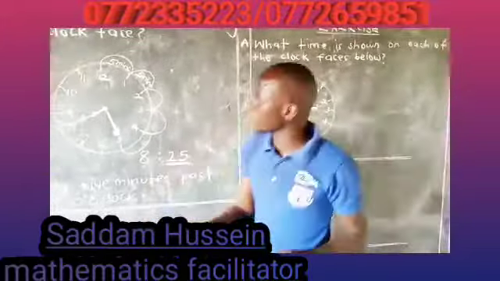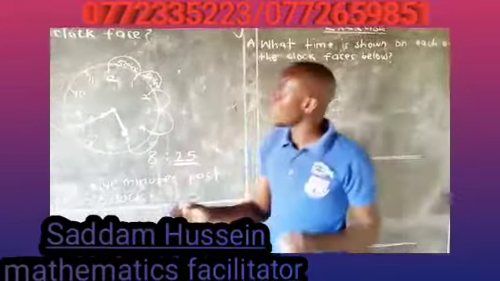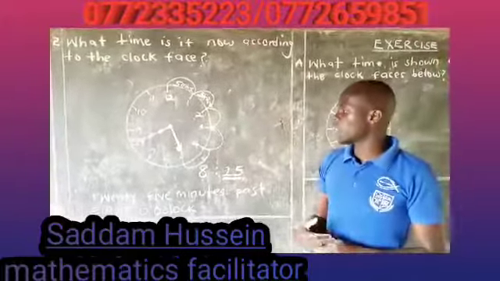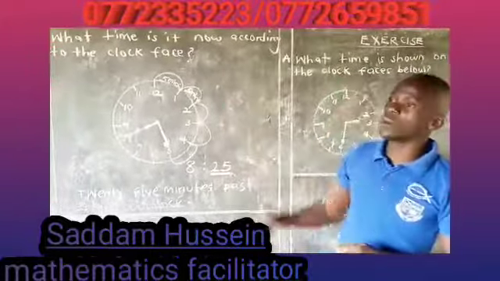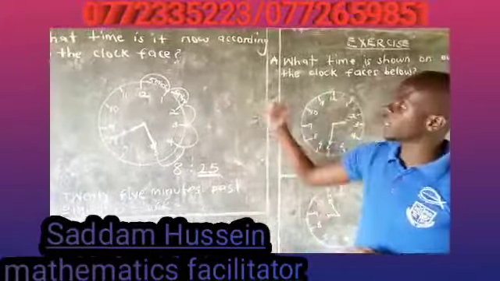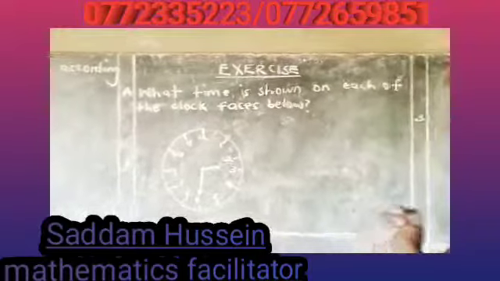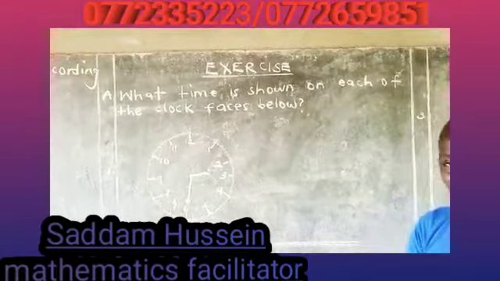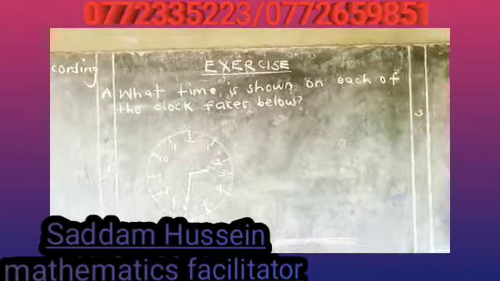When we meet next time, we are going to look at 24-hour clock system and 12-hour clock system. So primary 6 and primary 7, be so close for us to learn this. But please, at your home there, keep practicing. Now here is my simple exercise, only 3 numbers. What time is shown on each of the clock faces below?